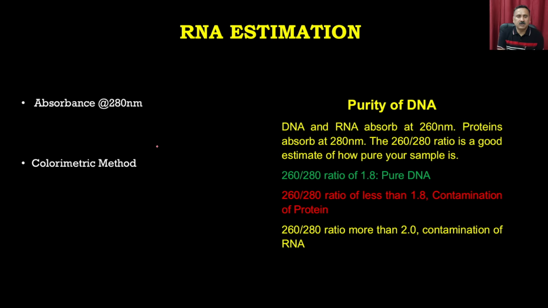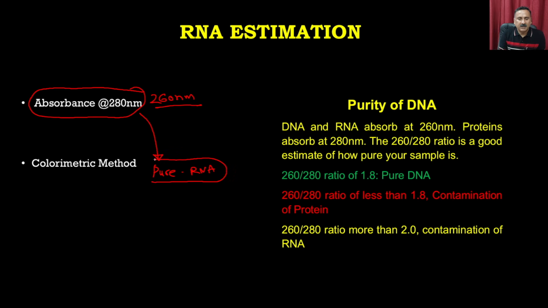So what you can do is take the absorbance at 260 nanometer, and it is going to give you the values. If it is a pure RNA, it is going to have a very specific absorbance at 260 nanometer. If it has protein contamination, then the ratio of 260 by 280 will vary from the RNA species.